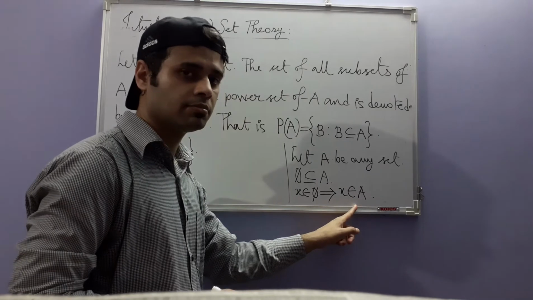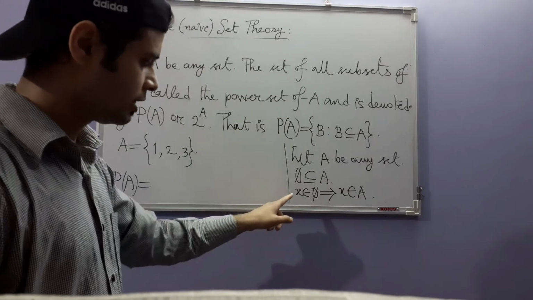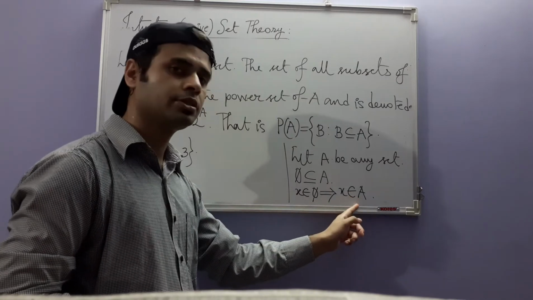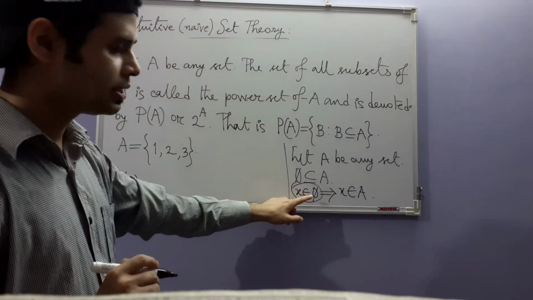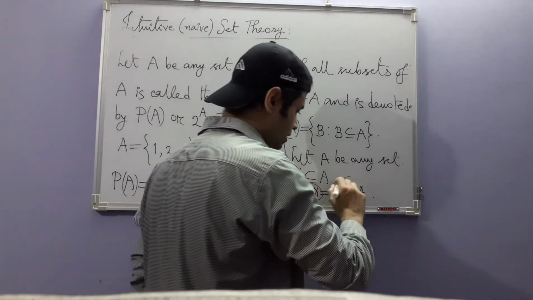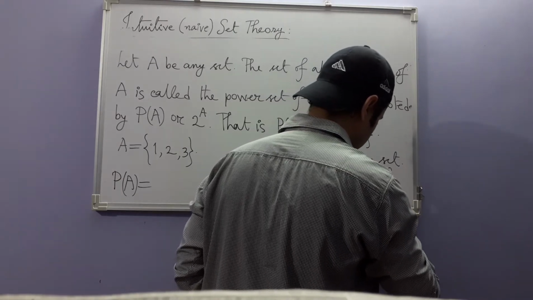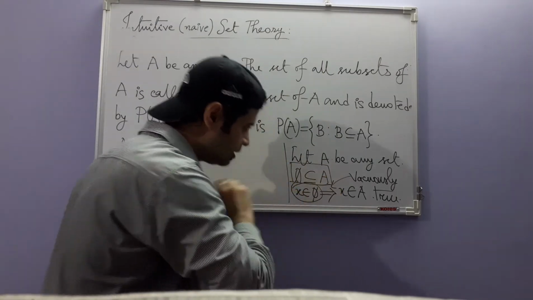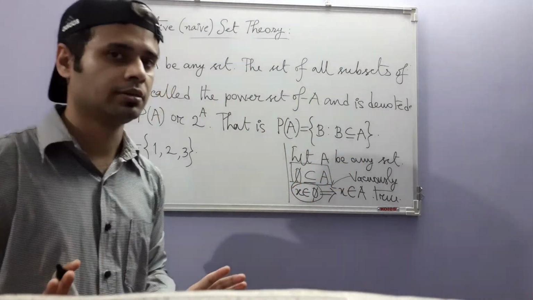Now again, this is an implication. So to see whether this is true, you have to check that either the hypothesis is true and the conclusion is true, or the hypothesis is false. In this case, the hypothesis is false. Okay, the empty set is empty, so there can be no element in it. So this implication is vacuously true. True nonetheless. So that means the empty set is indeed a subset of A. So the empty set is a subset of every set.